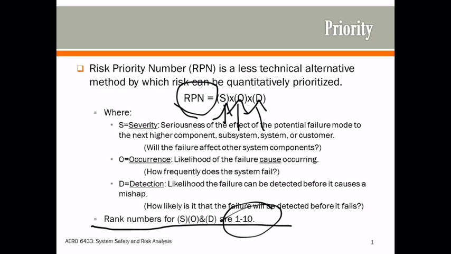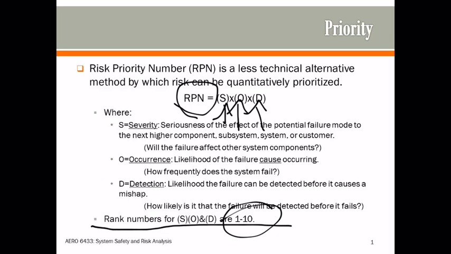Generally, in order to come up with the risk priority number, a cross-section group of individuals is involved, and they come up subjectively with the ranking for severity, occurrence, and detection on that scale of 1 to 10. Then those numbers that the individual group members come up with are combined and multiplied to generate the risk priority number. The risk priority number then can be used to compare failure mode effects or compare the actual impact.